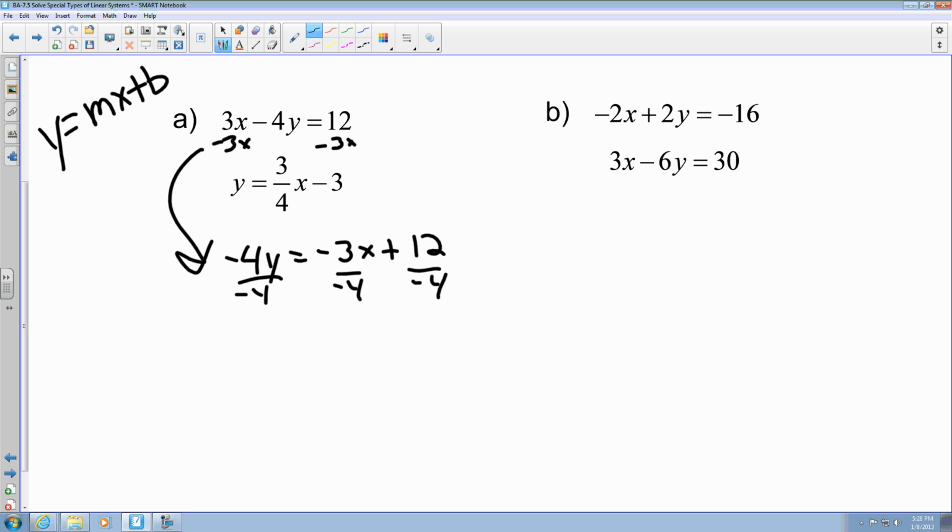So that gives me y equals 3/4 x minus 3. So my first equation gives me y equals 3/4 x minus 3. That happens to be the same equation as my second equation. So I can conclude that this has infinitely many solutions.